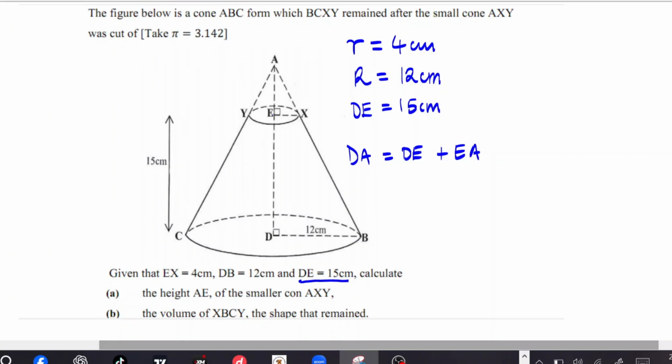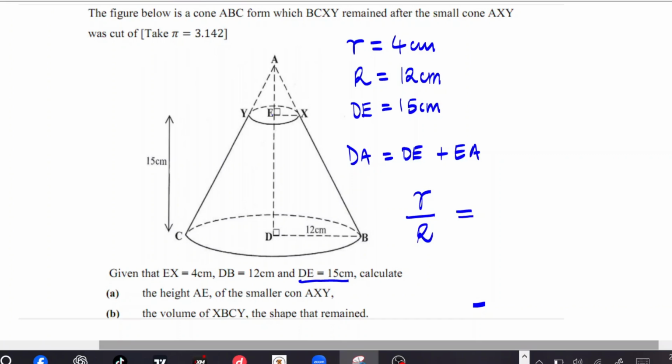DA is what I've already outlined. Now if we want to know AE, we will use ratios. We'll say small letter r, the radius of the smaller cone, over the radius of the bigger cone is equal to the heights of the cones.